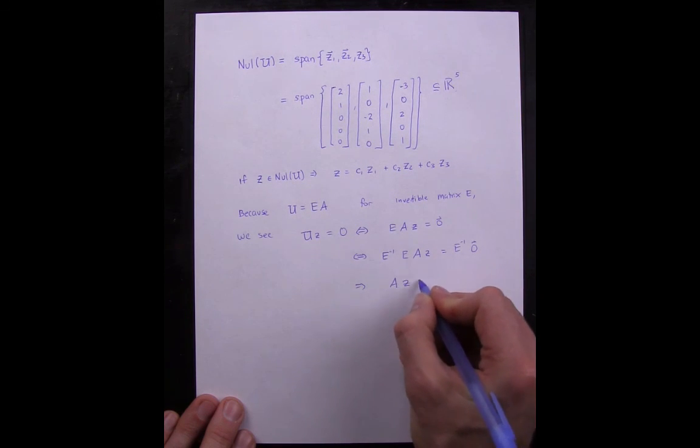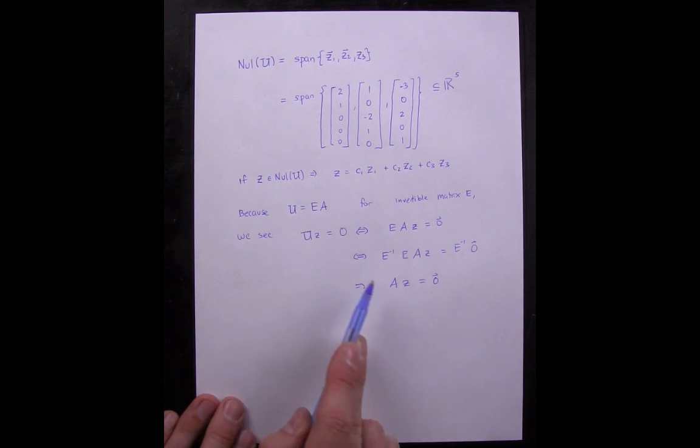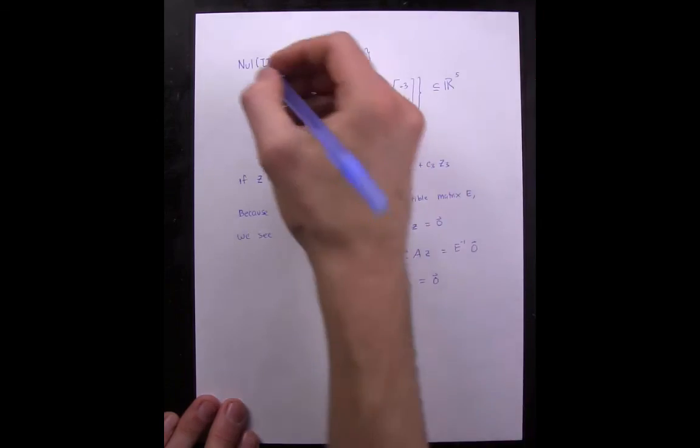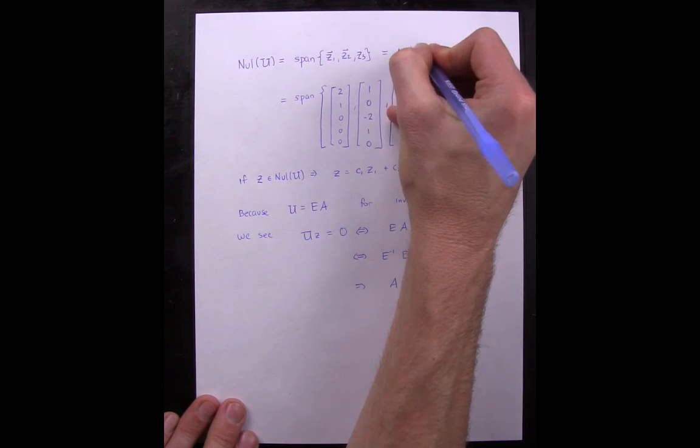We see that any vector in the null space of U must be in the null space of A. This now we can conclude immediately that this is also the null space of A.